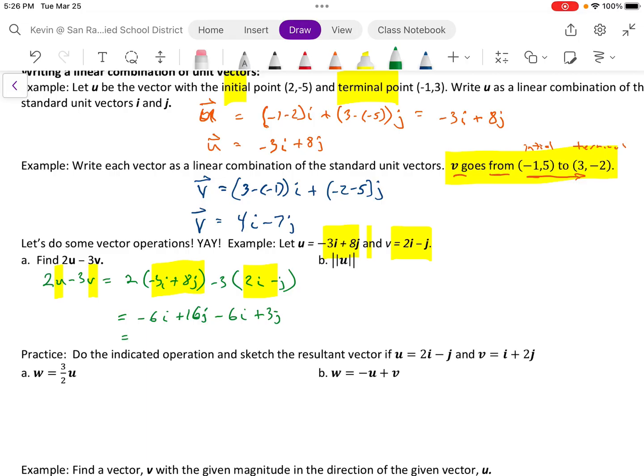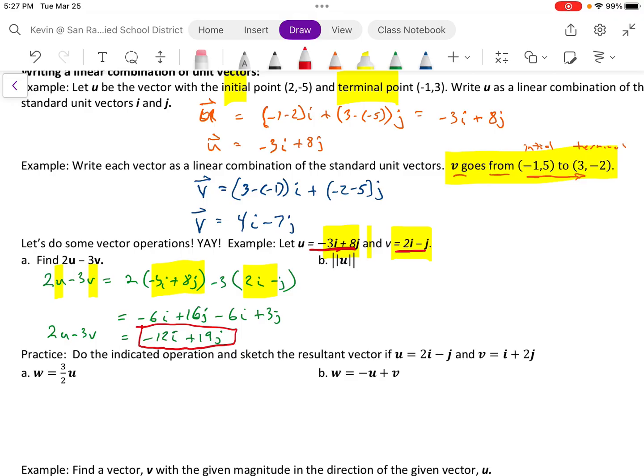We have negative 6i and negative 6i, so it's negative 12i. And then we have 16j plus 3j, so that would be plus 19j. So 2u minus 3v equals this, based on the two standard vectors that we have.